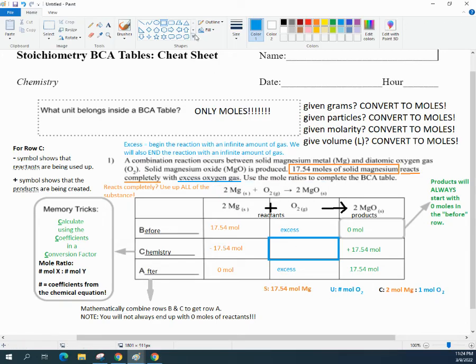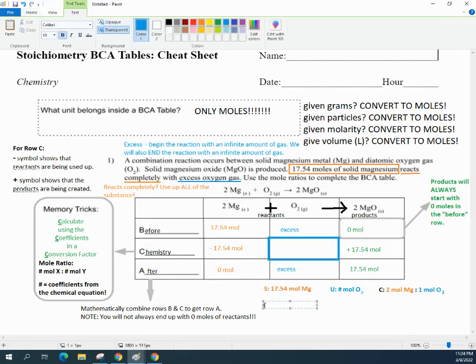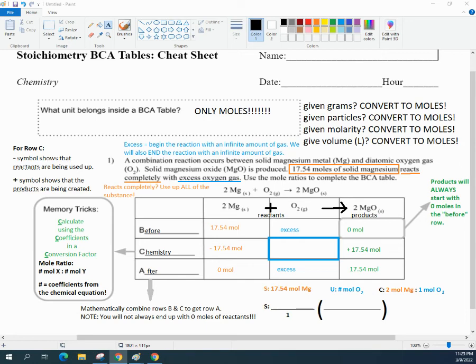Okay, so now our final step is going to be setting up and solving. Our setup will always be the same. We're starting with what we know over 1. So give me a moment to type that in. So here is our structure. This first fraction is always going to be what we know over 1.